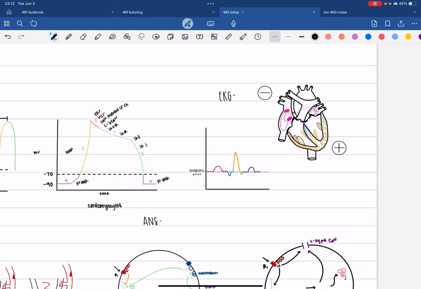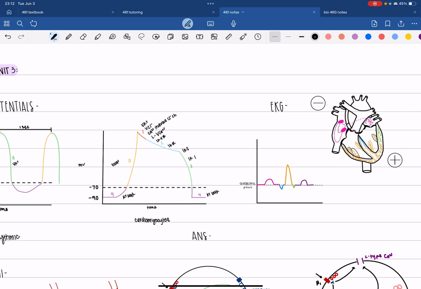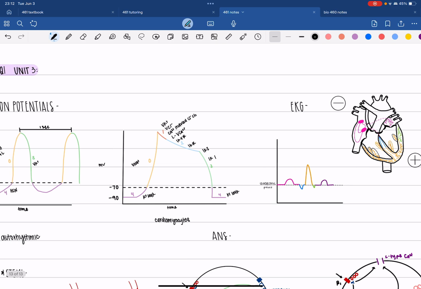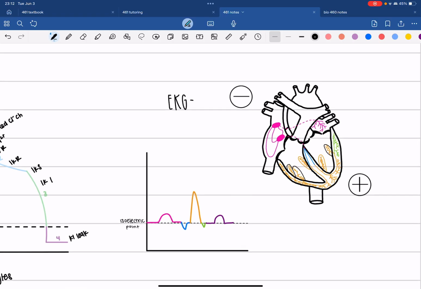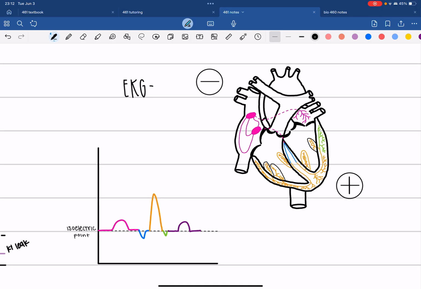Beautiful. Next, if we move on to our EKG, we're tracking what the action potentials are causing. So we're tracking how they're impacting the heart, and we're just putting it on a graph to show us really what's happening. Here, as you can see, I drew out a little heart with some different colors on it, and a little graph over here on the left.